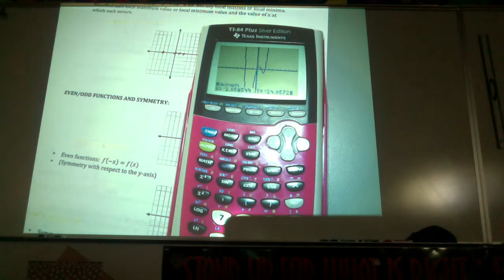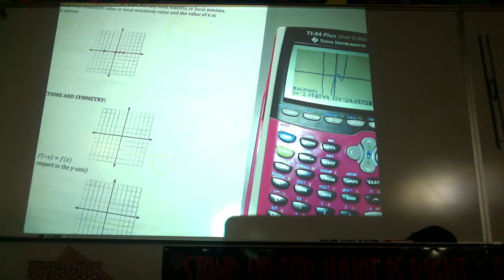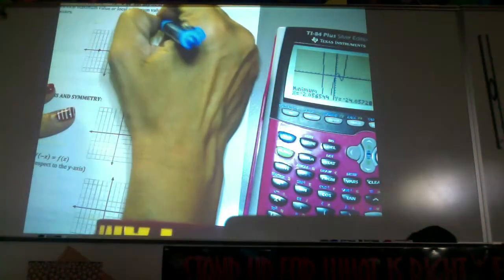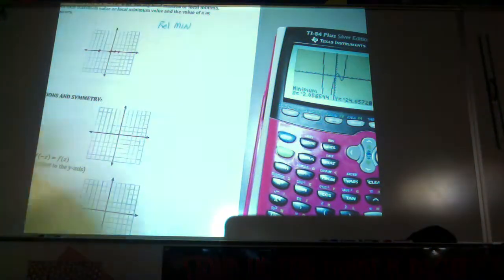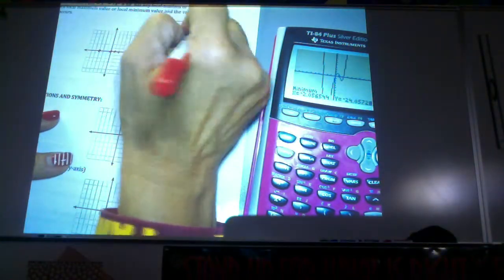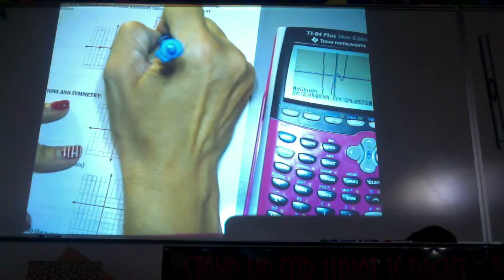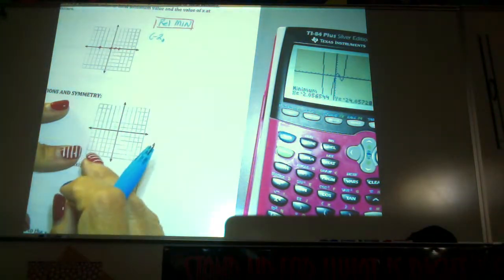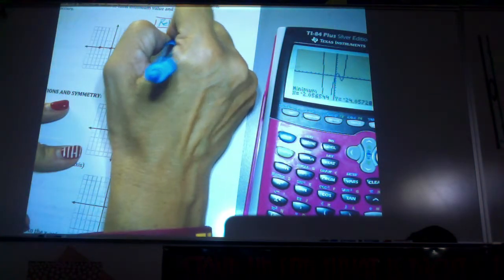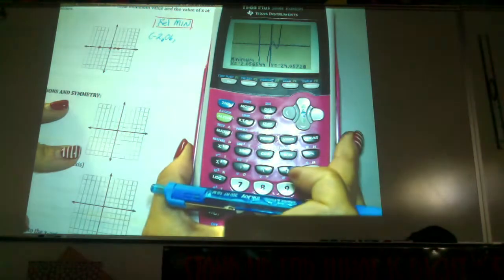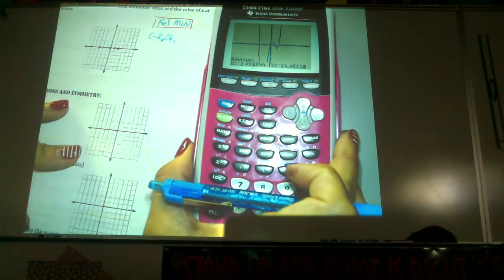What's the agreement? 2. So this is a minimum. It is a relative minimum. And its x value is negative 2.06, and the y value is negative 24.06 again.